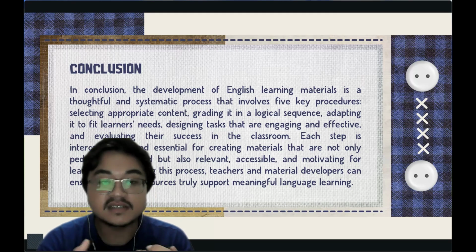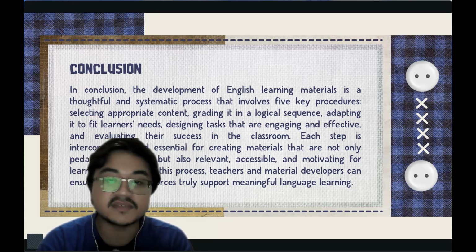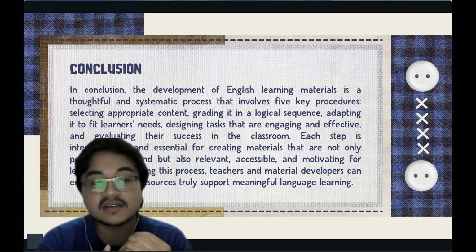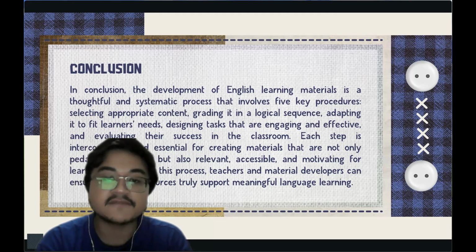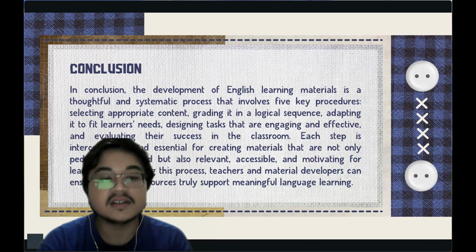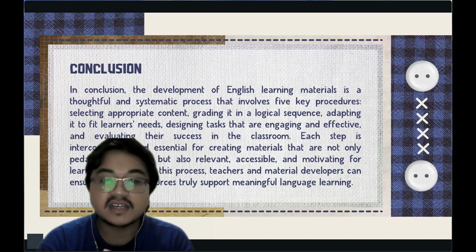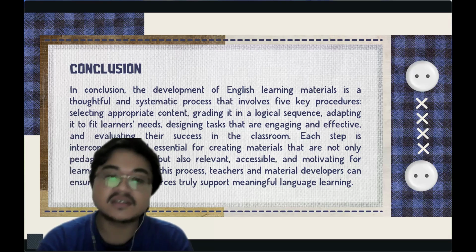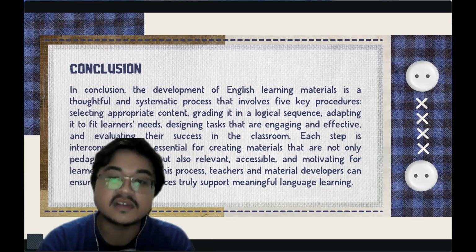Each step is interconnected and essential for creating materials that are not only pedagogically sound but also relevant, accessible, and motivating for learners. By following this process, teachers and materials developers can ensure that the resources truly support language learning.